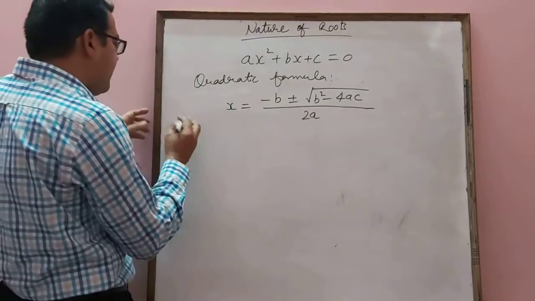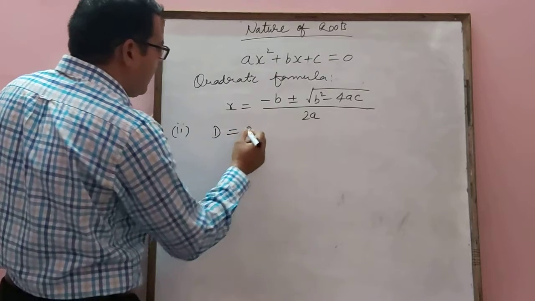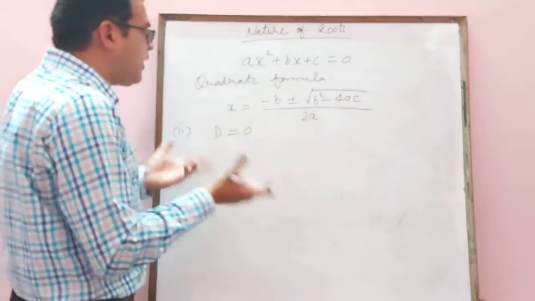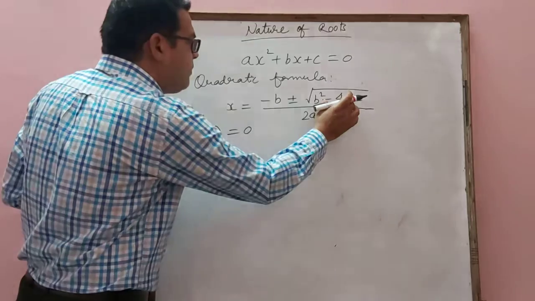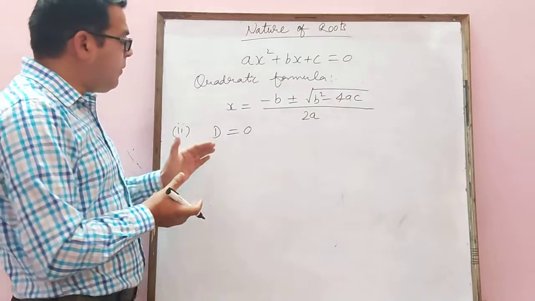The second case is that we can get the value of D as 0 also. In some cases the value of b² - 4ac, that is the discriminant, is 0.